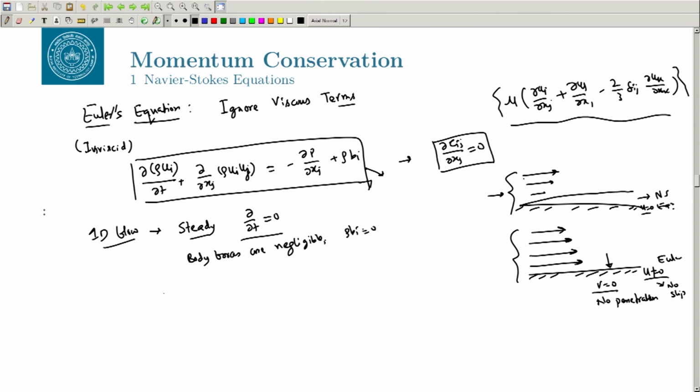So, then it will become del by del x. Remember this is a 1D flow. So, ui will be uj, this is del by del x of rho u square is equal to minus del p by del x, right, all other terms go to 0, right. So, here you can see that the change in density... Okay. Because this is 1D flow, the del by del x can be written as d by dx, and because this is steady also, okay, minus dp by dx.